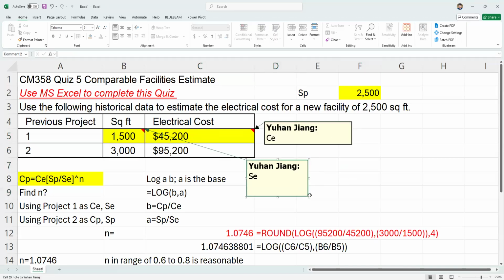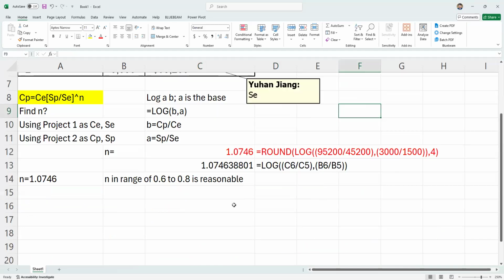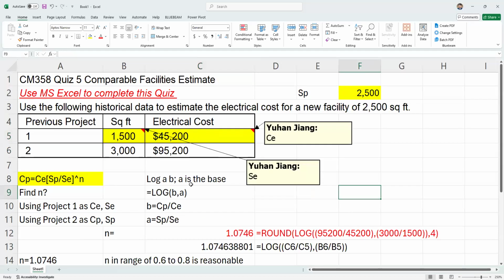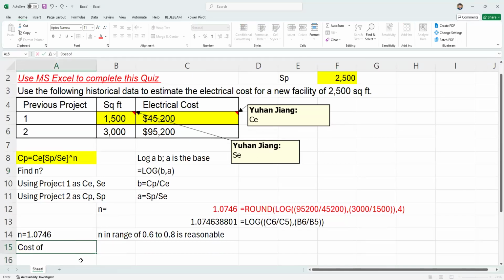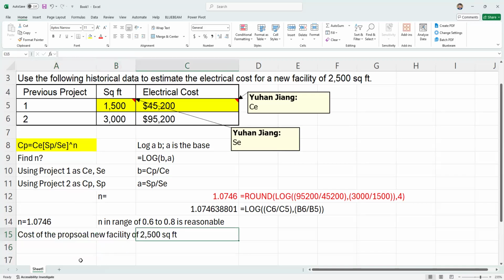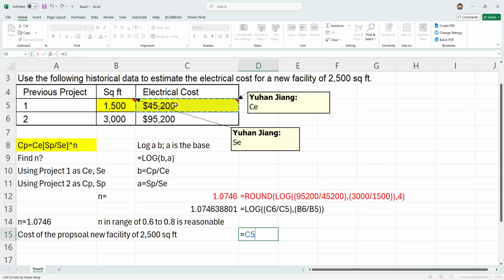So what we do, you have your cost of the proposed new facility of that 205,000 square feet is equal to the cost of your node, which comes from here, right?